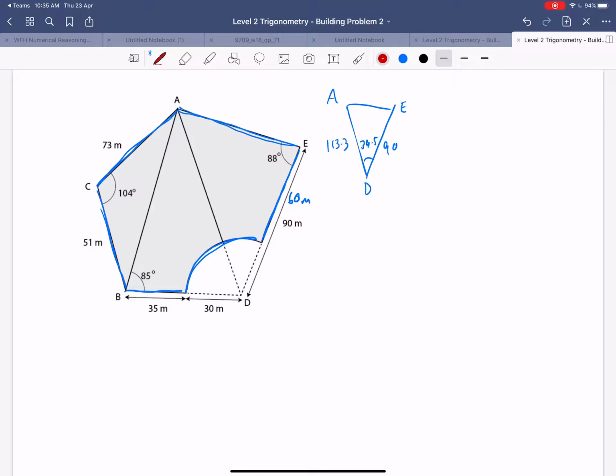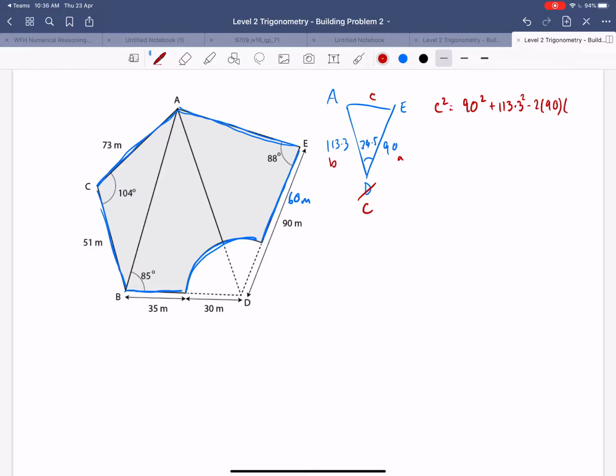Okay, so I've got two sides and the angle between. I want to find the unknown side opposite. So three sides and an angle, cosine rule. The unknown side is C, the angle is C, the other two sides are A and B. So cosine rule, c squared equals a squared plus b squared minus 2ab.